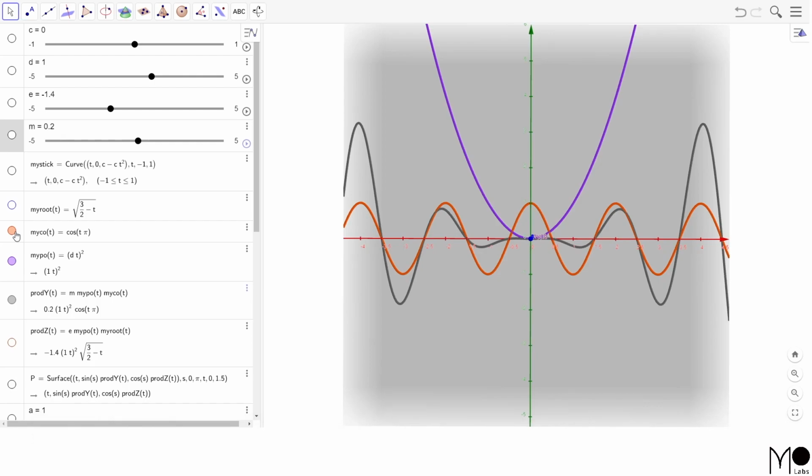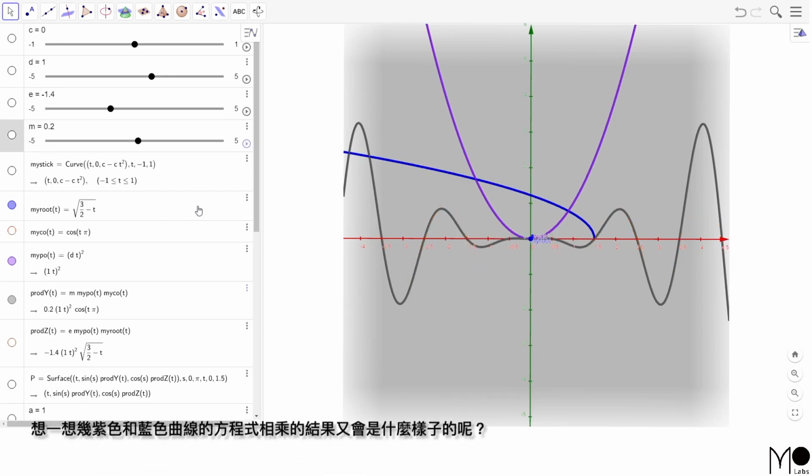To model the view from the other side, I use the same parabola, but now in combination with the square root. So this particular square root is 0 for t equals 1.5, because 1.5 minus 1.5 is 0, and the square root of 0 is 0.